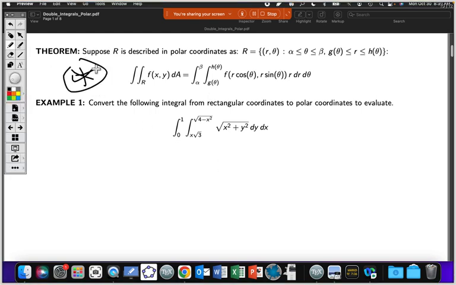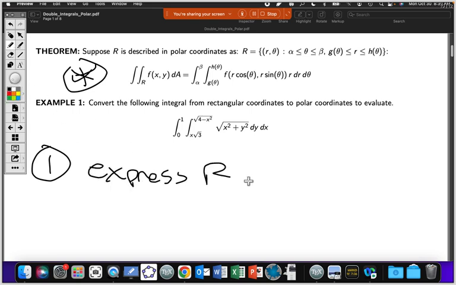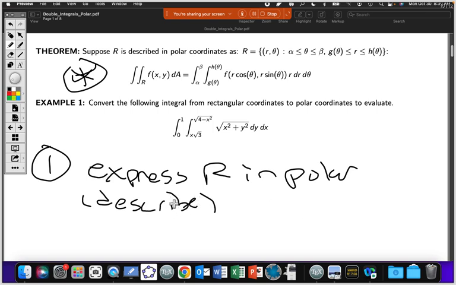If you've got your region R described in polar coordinates, then you can convert the integral to polar coordinates. Number one, you want to express or describe R in polar.